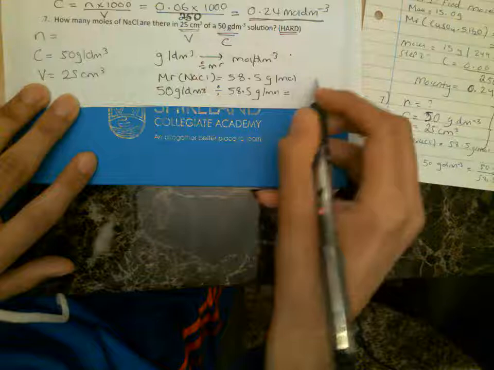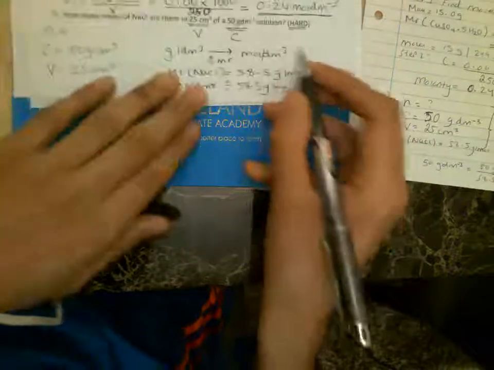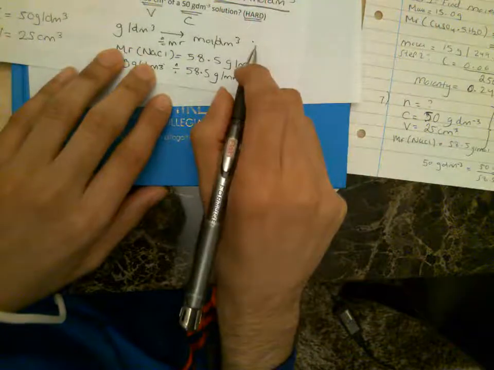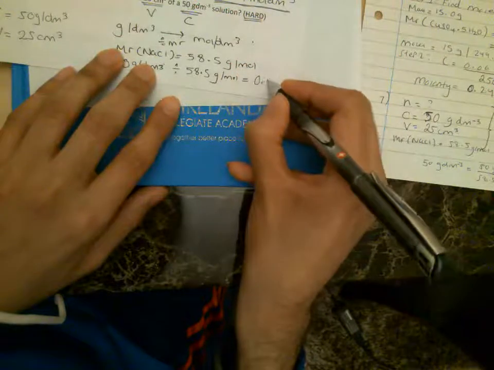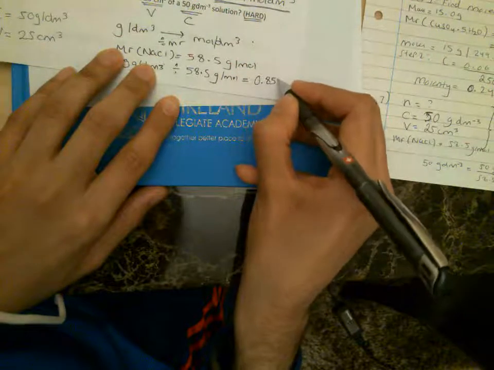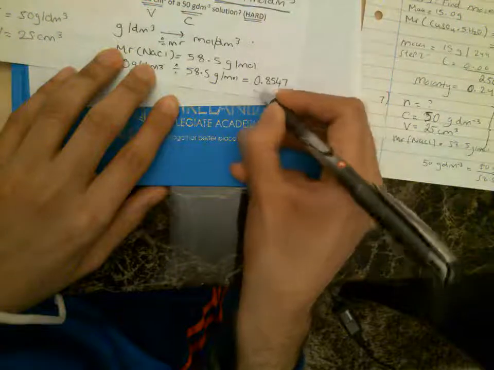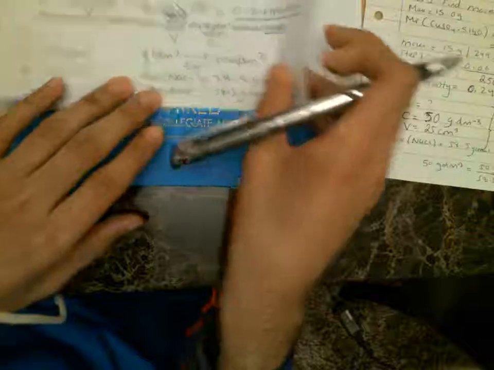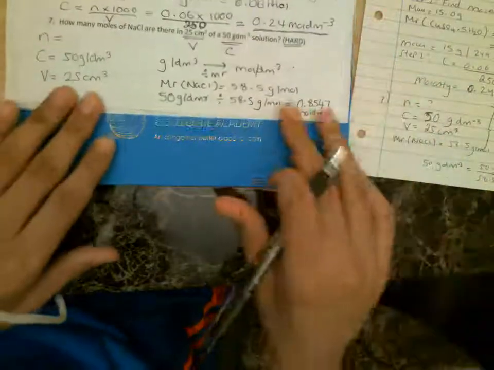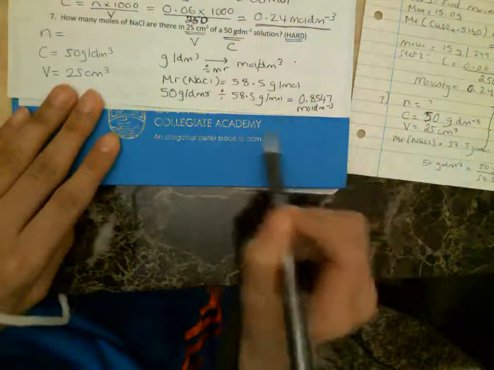And what we'll end up with is 0.8547 moles per decimeter cubed. So that's what we got when we converted it.